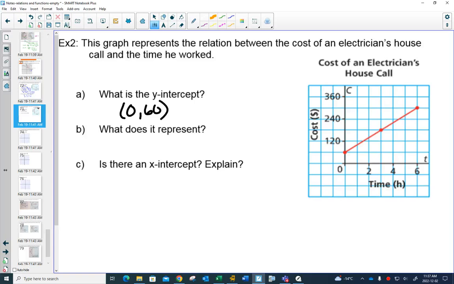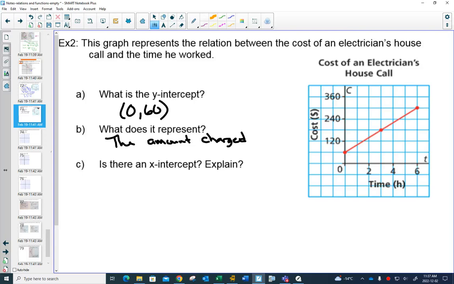What would we call that? Initial cost. That's how much you get charged, whether they work or not. Flat rate. Sometimes they'll call that the service call rate.